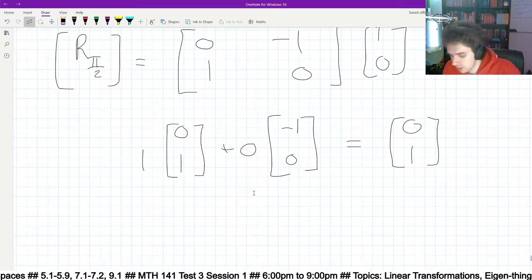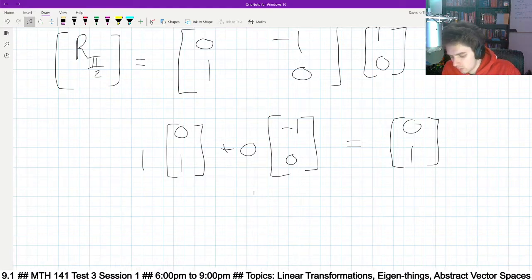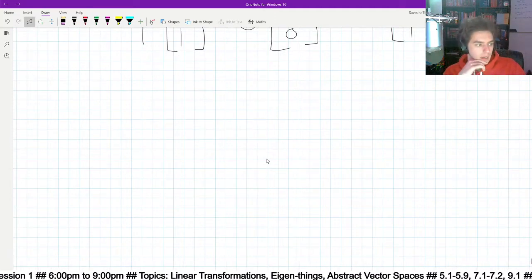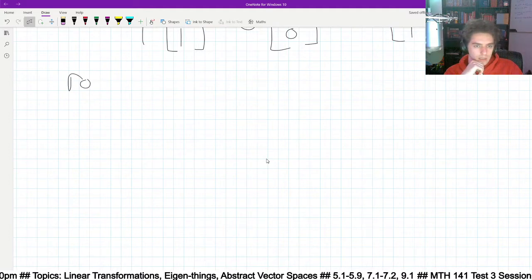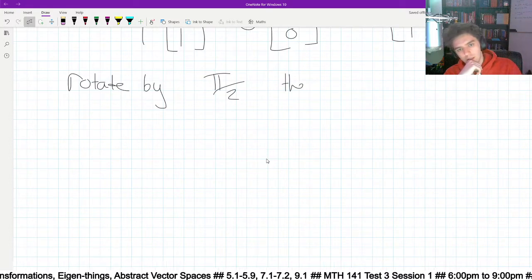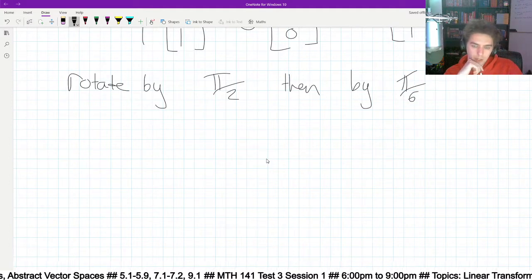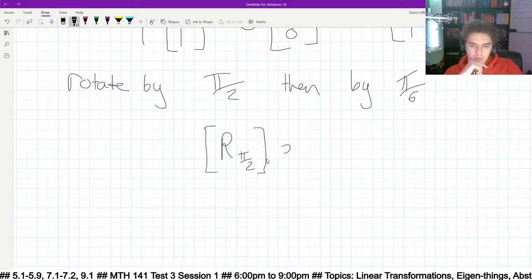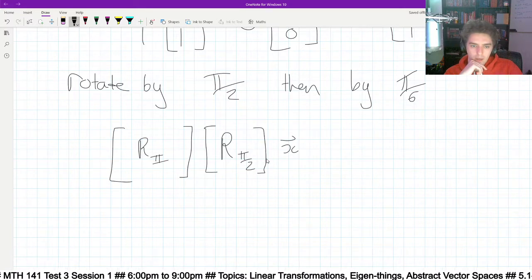Okay, so that's that special transformation. If you were to apply one rotation with another, it's not too complicated. You just got to know which one you got to do first. If the question says rotate by pi over 2, then by pi over 6, you first do R pi over 2 on some vector x, and then you do R pi over 6.